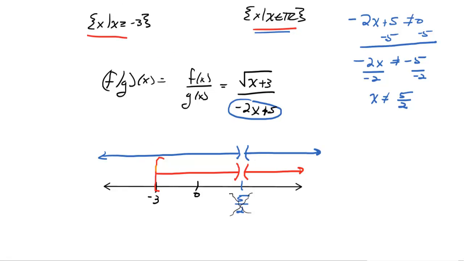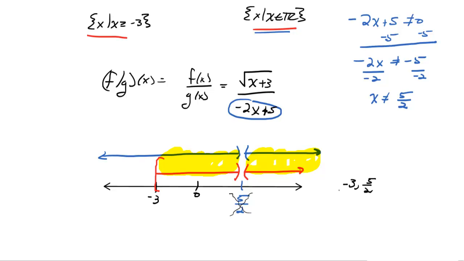So now we recognize, where do they overlap again? They overlap from here to here, and then they overlap from here to here. So it would be much easier to write this domain in interval notation. We're going to start reading left to right. Wherever we have that yellow overlapping highlight, we're going to have negative 3 to 5 halves.